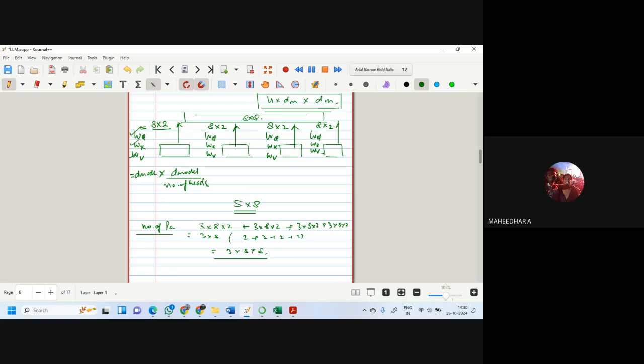And finally, you pass it through WO. WO is always D model into D model, so it becomes 4 into D model into D model. This is a tip: whatever the number of heads, you can calculate the parameters in the attention layer directly by using this formula. Is that okay?